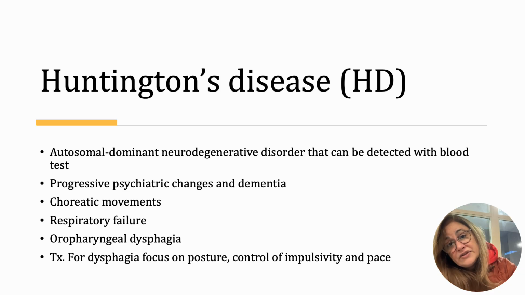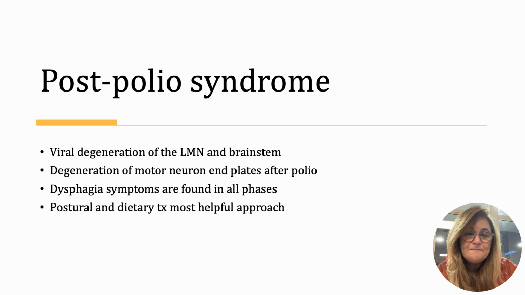Oropharyngeal dysphagia, they will need a PEG tube, and we will focus more on the posture, on facilitating the intake, and on controlling as much as we can their impulsivity and pace, because they have a really fast pace while eating, and that may result in overly filling their oral cavity, and is a choking hazard for them.